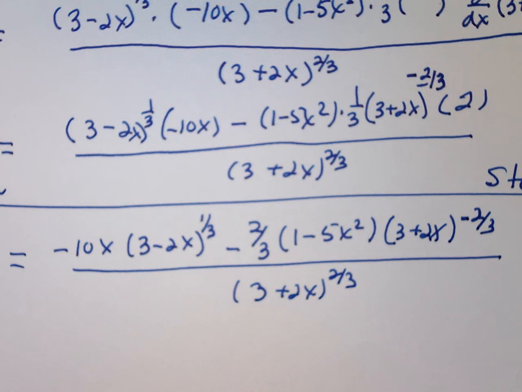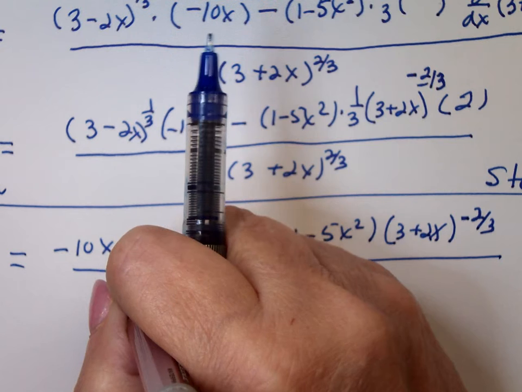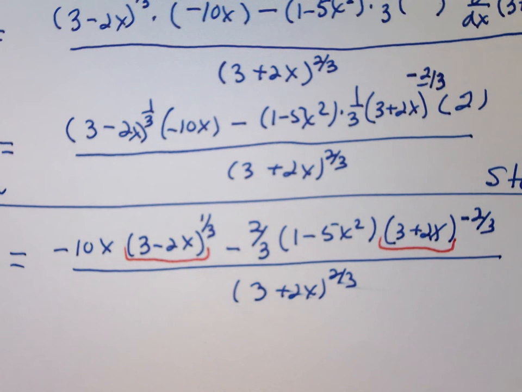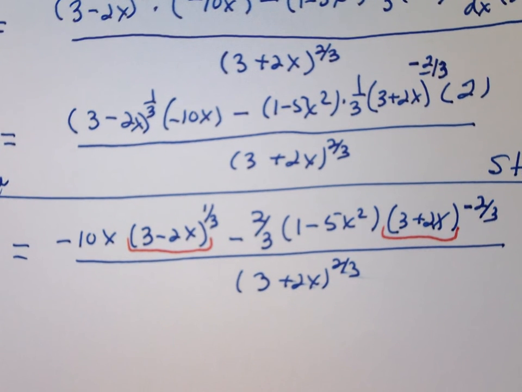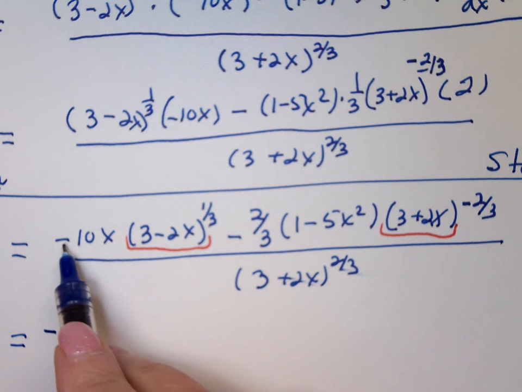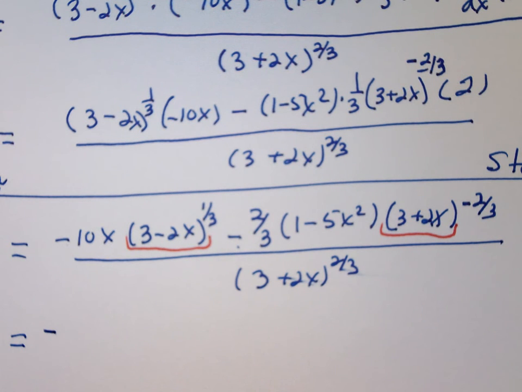Now I have a greatest common factor of this guy. And what's the smallest power? Negative 2/3. So again, I'm going to take a negative 1 out because of the negative here and the negative here. And it times 3 plus 2x to the negative 2/3. That's the smallest power.